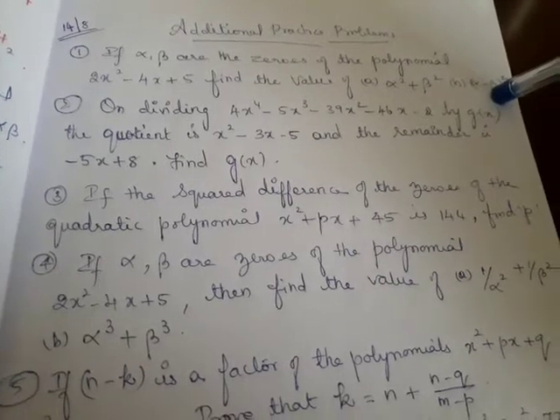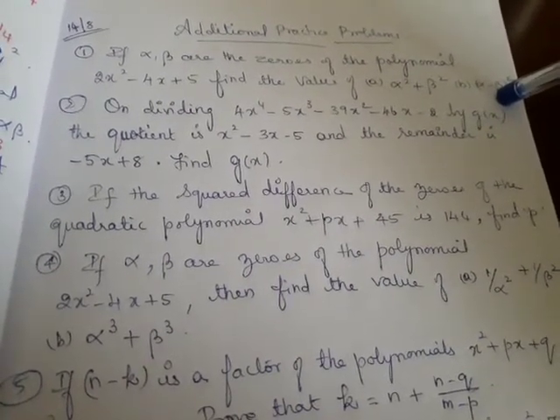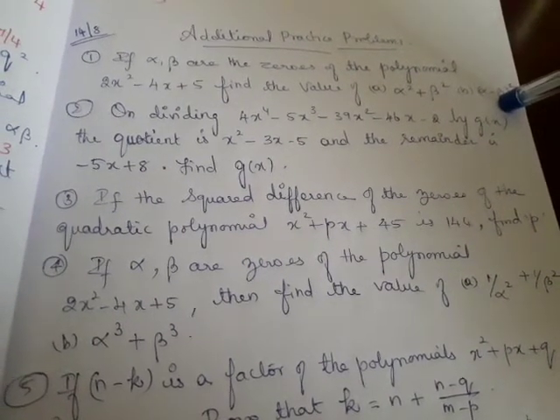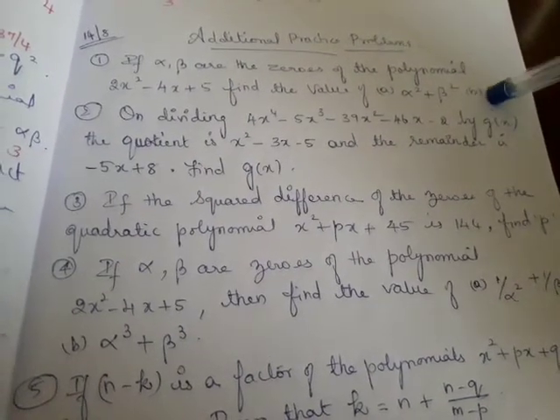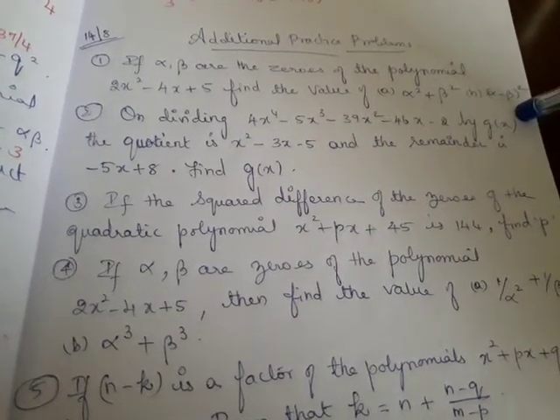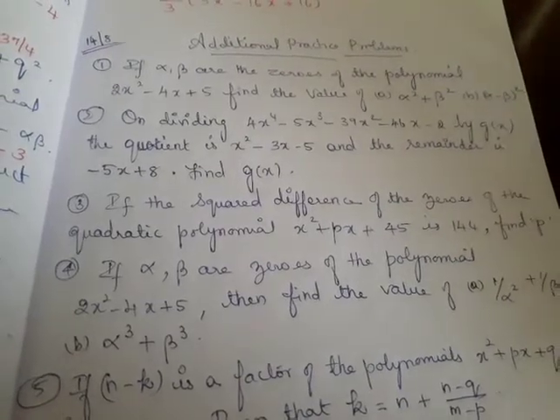Alpha square plus beta square plus 2 alpha beta. Then if you subtract 4 alpha beta, you will get alpha square plus beta square minus 2 alpha beta, which is nothing but alpha minus beta the whole square, right? So alpha minus beta the whole square can be written as alpha plus beta the whole square minus 4 alpha beta, right?